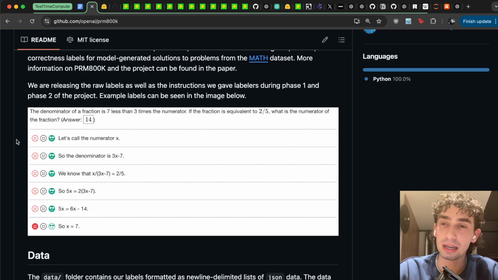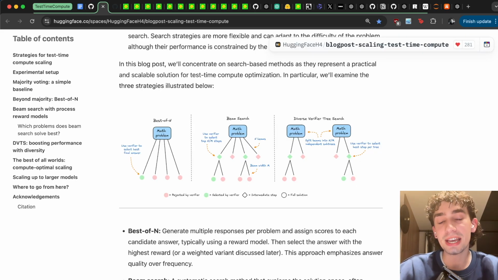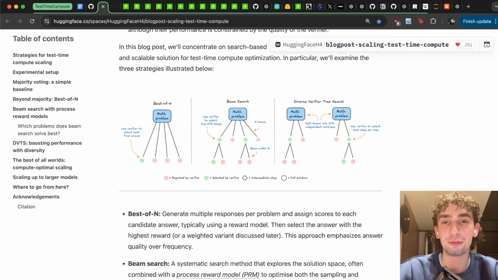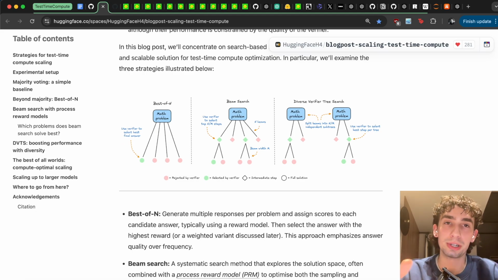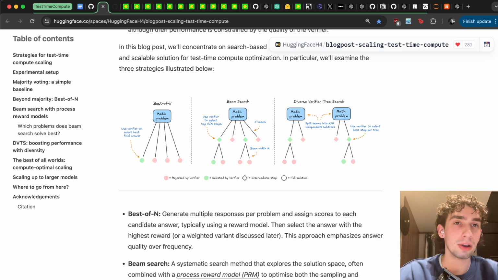And then it's going to be able to give a score for each step along the way. We can then use these models to apply a few search-related algorithms, where the general approach is we're going to generate either full answers or steps towards an answer, and then use both these outcome reward models or process reward models to either choose a best answer or guide down towards generating the best answer.